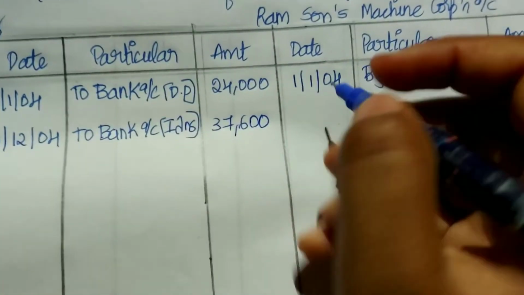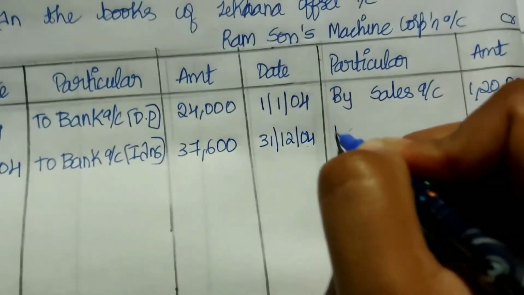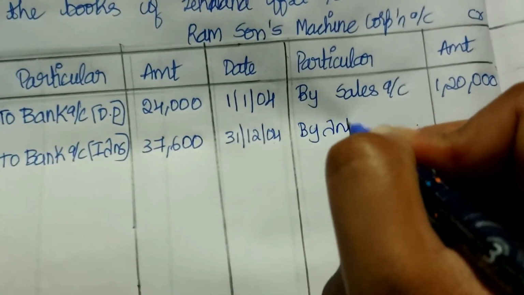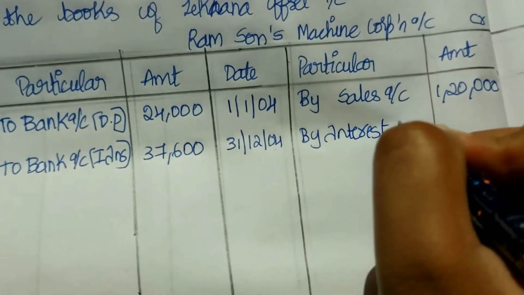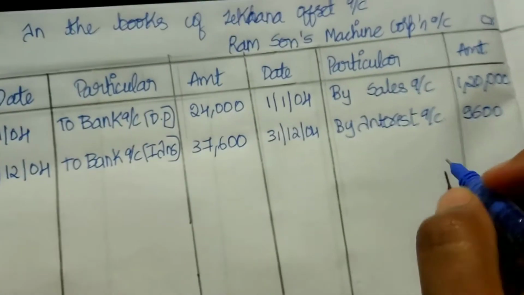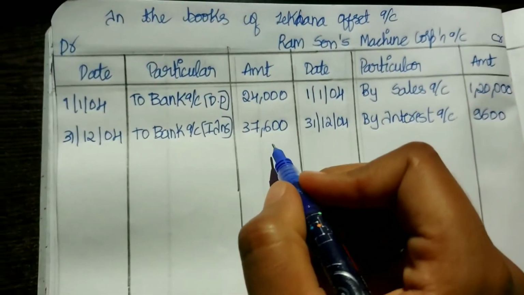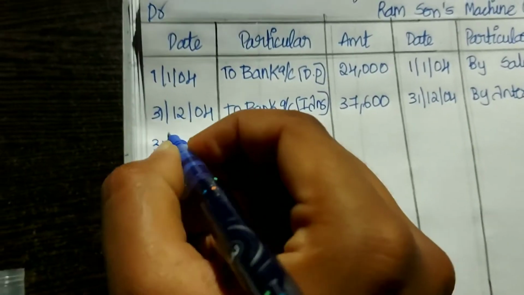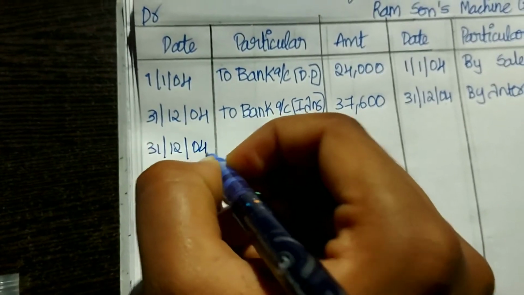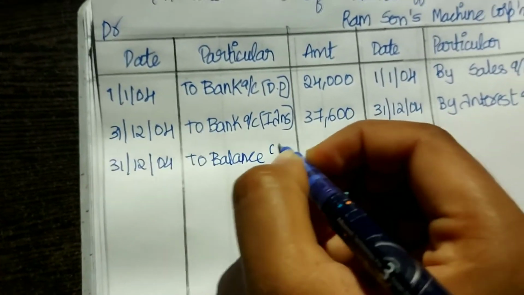I showed you. So now let's write the interest, by interest account 9,600. Now add the two columns and then balance it. 31/12/2004 to balance carried down.